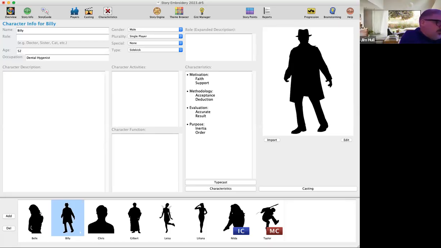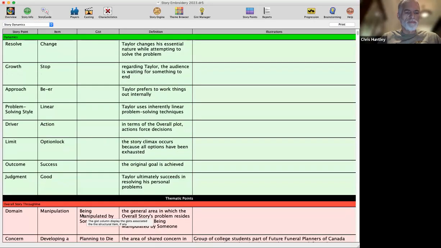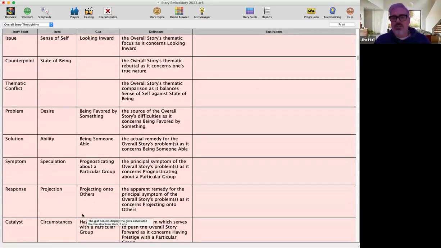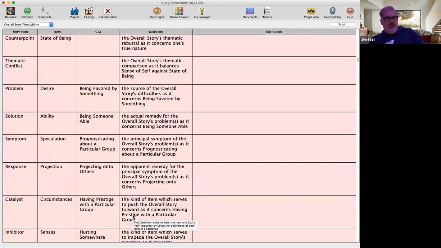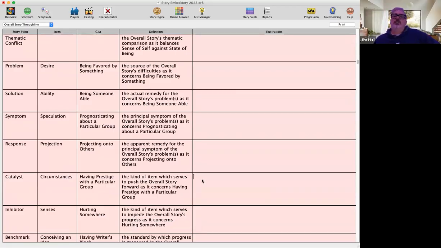Okay, so I want to go back to the overall story catalyst. The catalyst: having prestige with a particular group. Excellent. So the idea is that these college students' particular club is the most prestigious club on campus, and everybody wants to be a part of it, but they're kind of snooty.